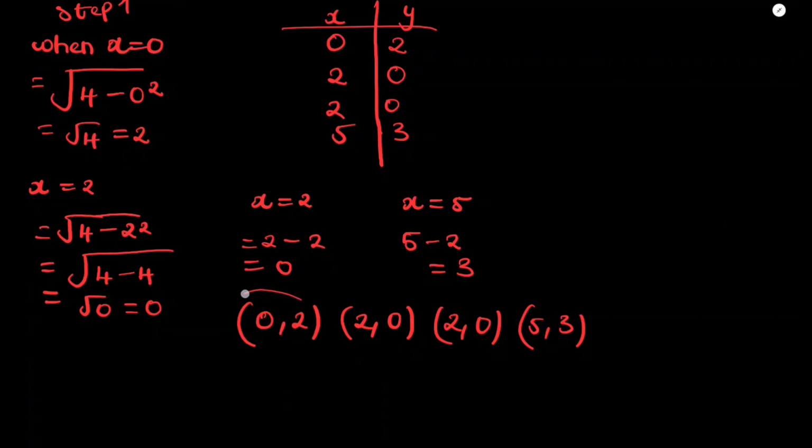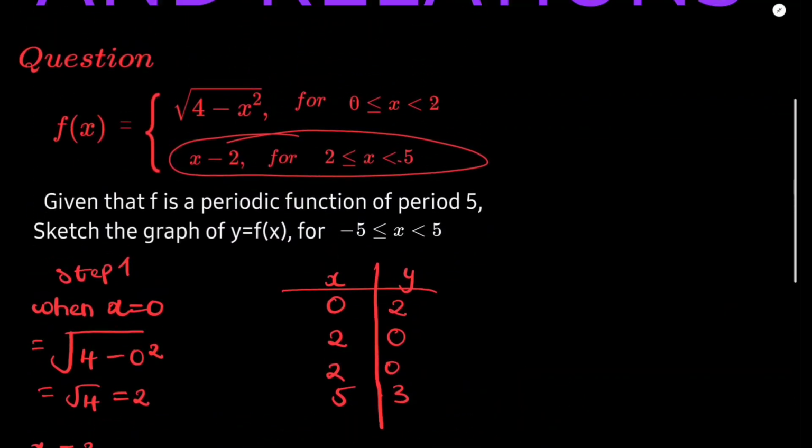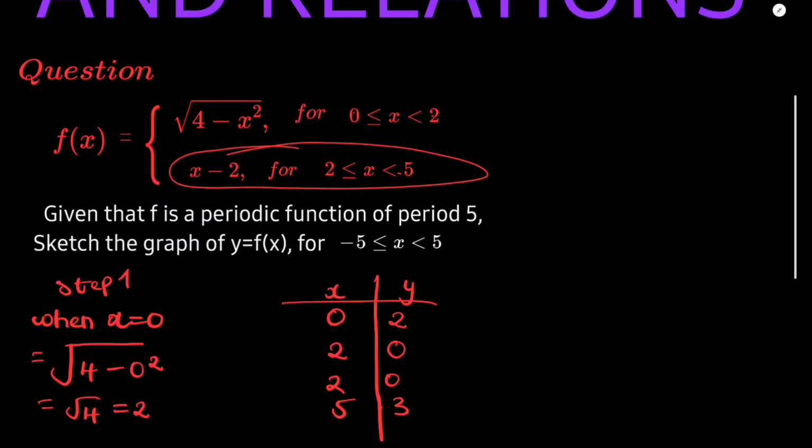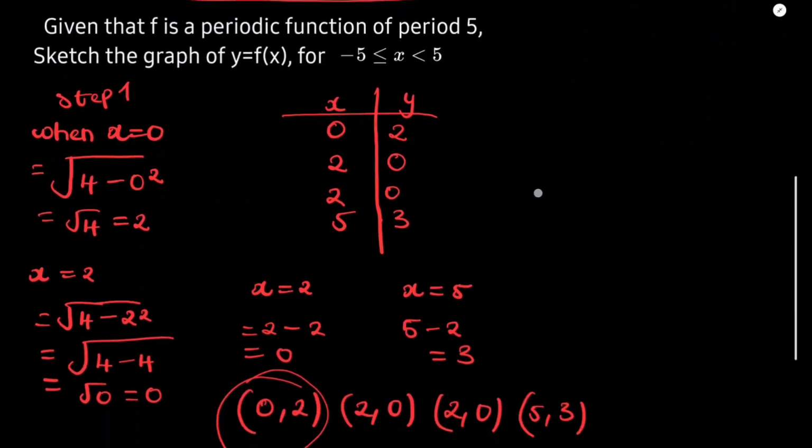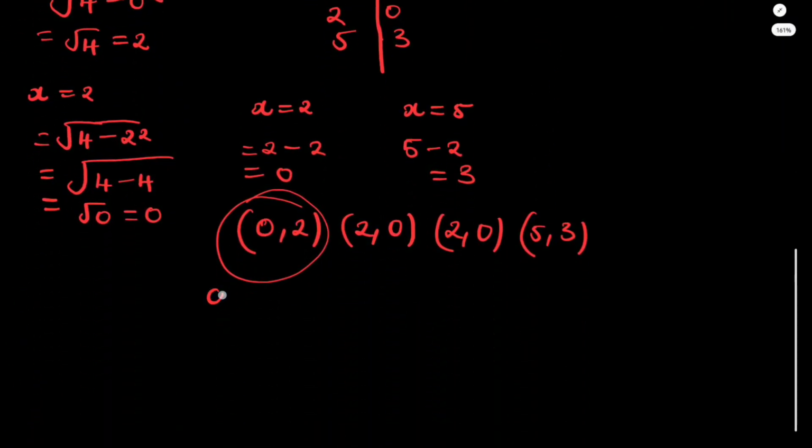Let's take the first one, when x is 0 and y is 2. We got it from this first function, and as you can see, 0 is in the interval, 2 is in the interval. So it is closed.